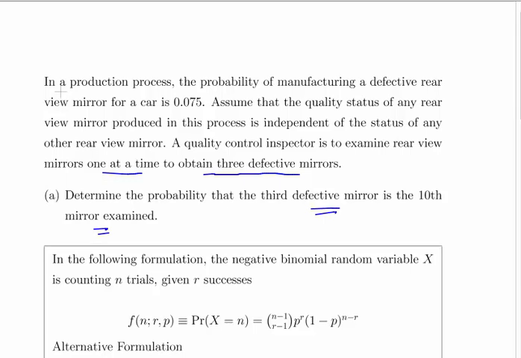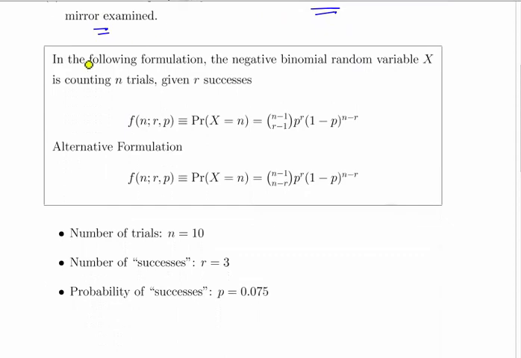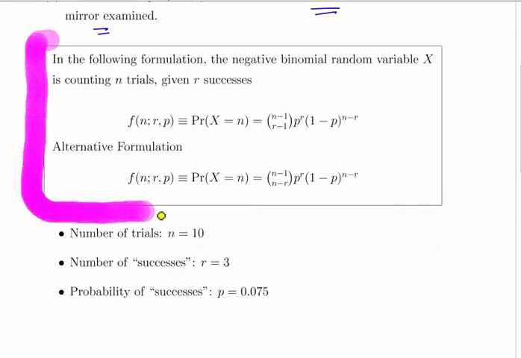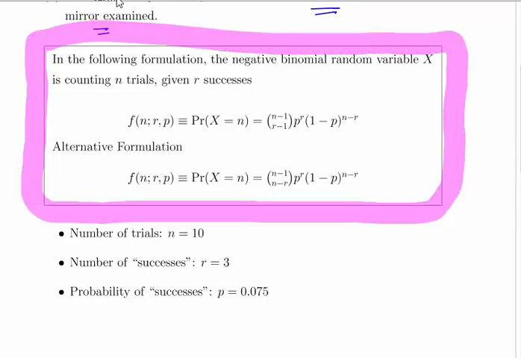Okay, so this is a straightforward one, really. It's quick and easy. What we have to do here is watch out for what type of negative binomial distribution we are going to work with. In this case it's the number of trials required to give us r successes.